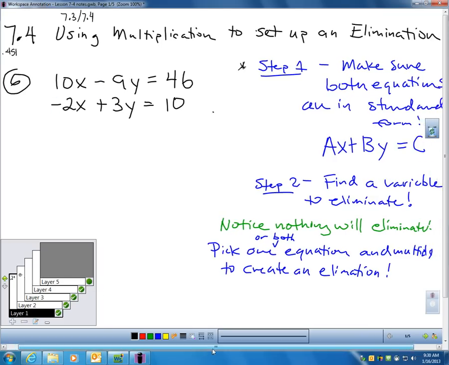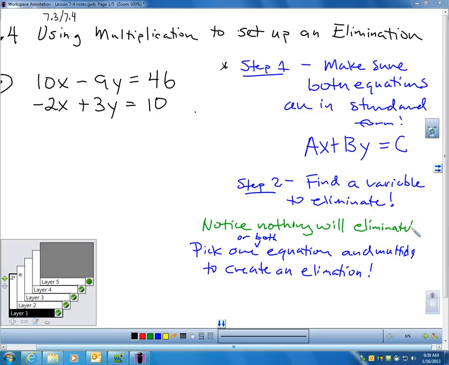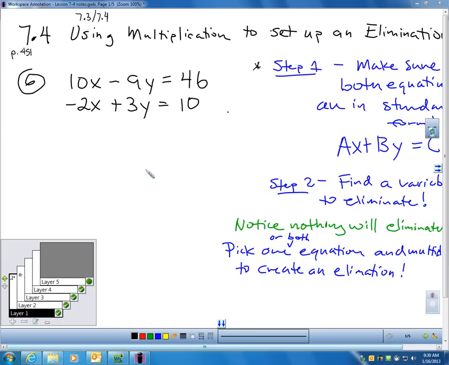Easy to fix. I put this in green. Nothing will eliminate, so we need to pick one equation and multiply that equation to create an elimination. Look at the second equation.